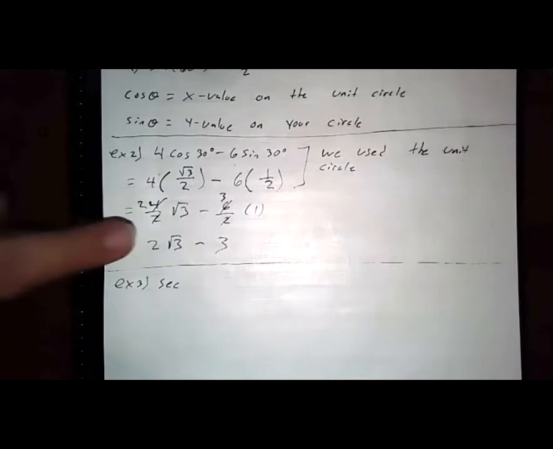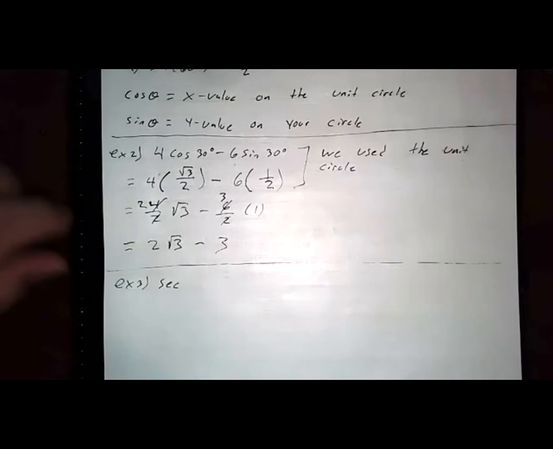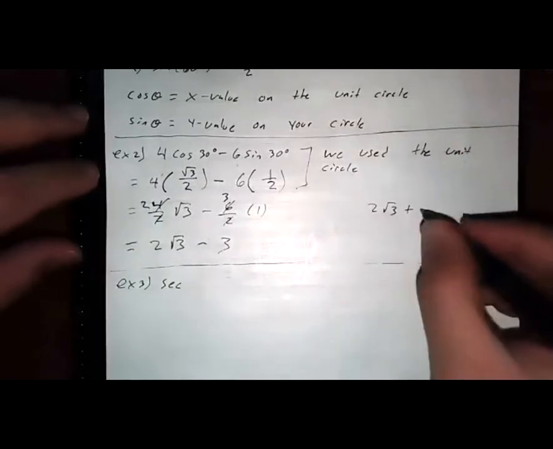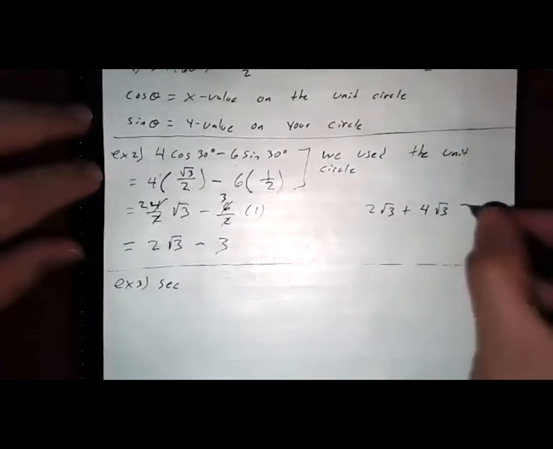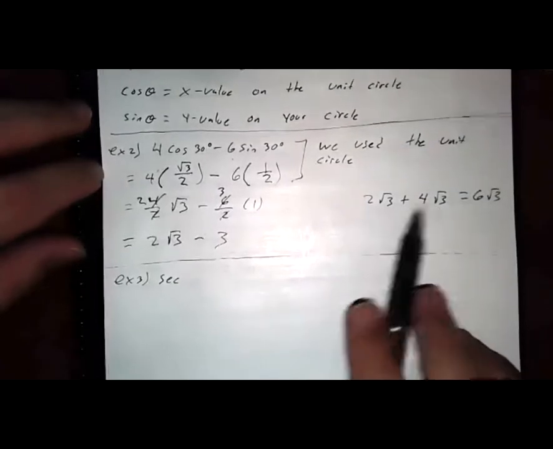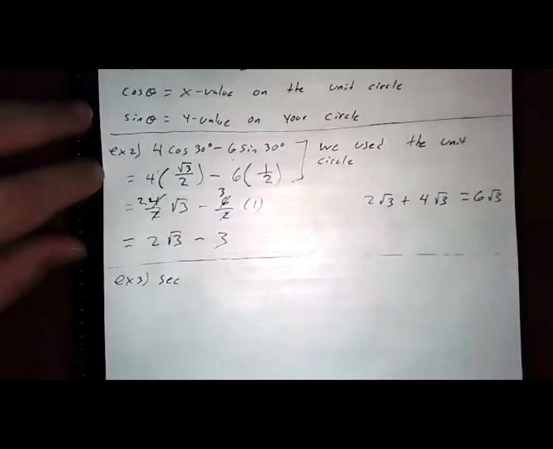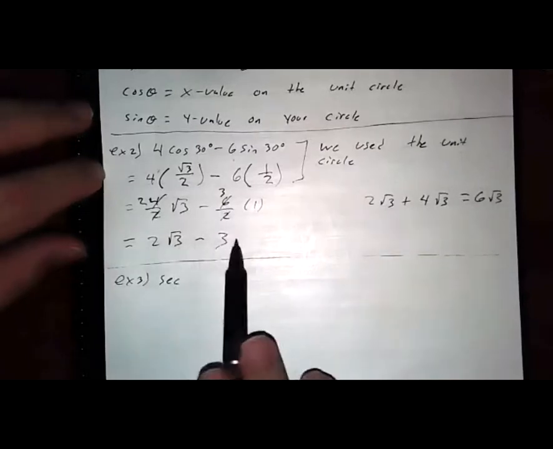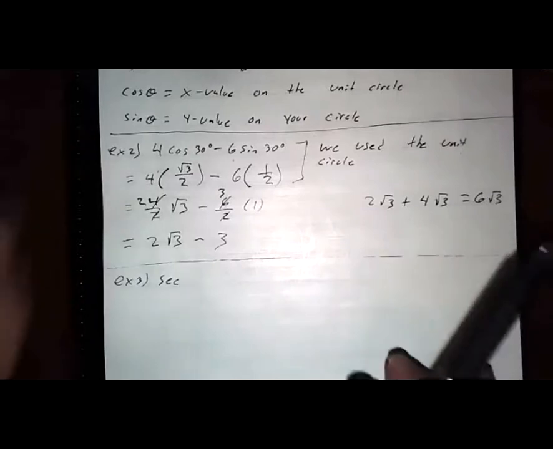But most likely I want an exact answer, so you can use this. But technically, if you were to have 2 root 3 plus 4 root 3, then you could combine them into 6 root 3. So I have 2 of them plus 4 more, I have 6 of them. But here they are not the same. They are not like terms, I guess is the best way to phrase it.